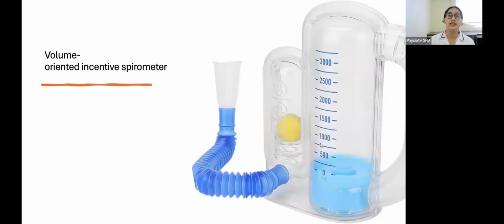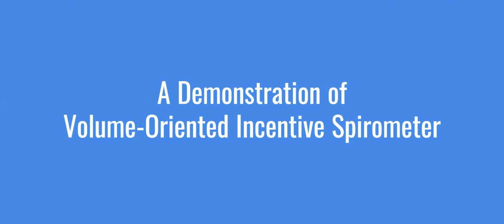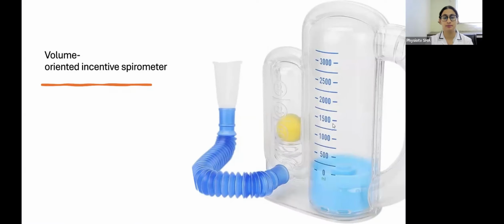With this, you can give the patient a target. Suppose the patient's volume is just 1000 mLs, then you can set a target that the patient needs to sustain the deep inspiration so as to achieve 1500.